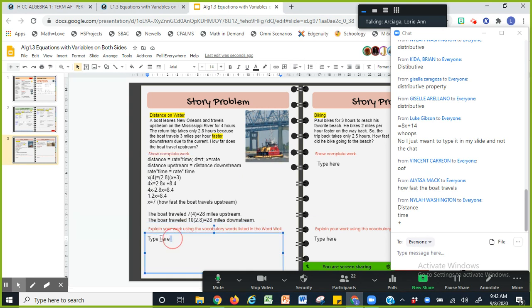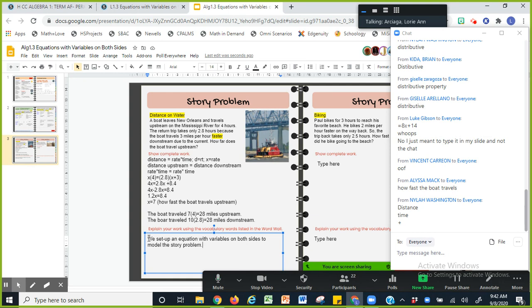Okay, so let's type in here. What did we do first? We set up an equation with variables on both sides to model the story, or the situation, or the scenario, however you want to call it. I normally call it a story problem. So we set up an equation with variables on both sides to model the story problem.